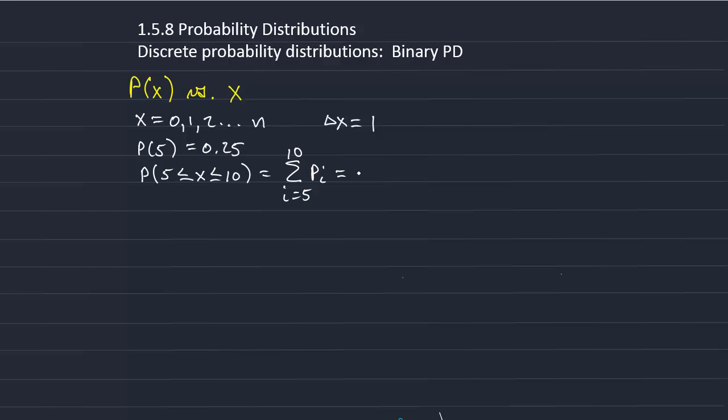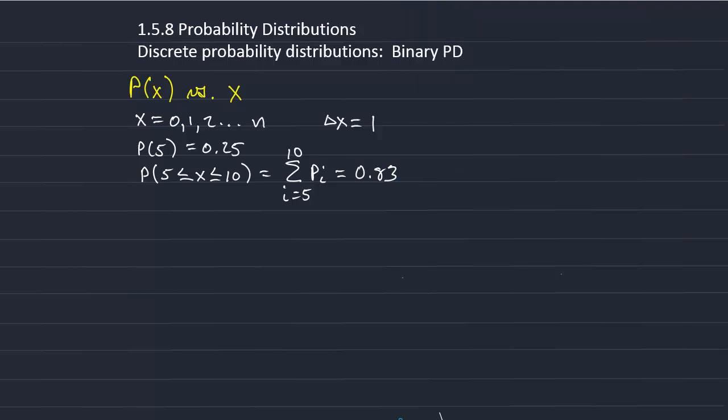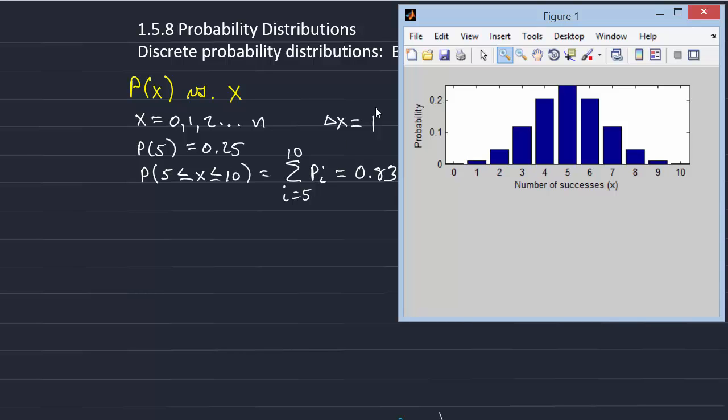And if we did that, we would find that the probability is 0.83. Relating that to the diagram, that's equivalent to the area of all these boxes going from 5 all the way to 10.